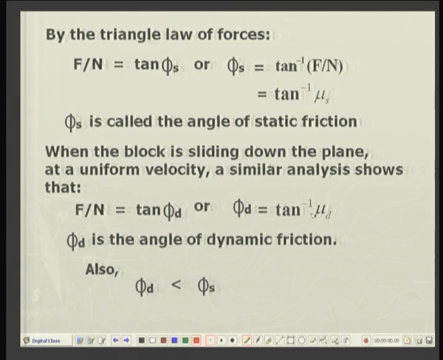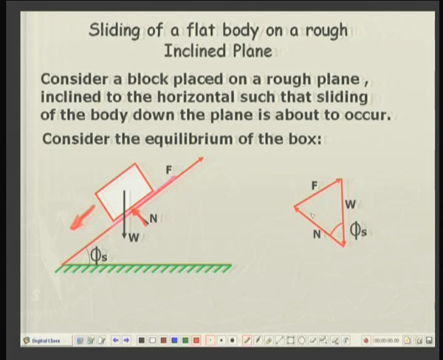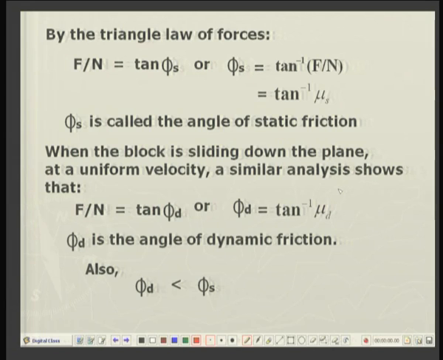Well, we can see from the triangle law of forces, F divided by N is equal to tangent phi s. You can easily verify it because F and N are mutually perpendicular. So, this is 90 degrees. So, you can easily see that F divided by N is the tangent of the angle phi s, or phi s is tan inverse of F divided by N, and by the third law of Coulomb friction, F divided by N is the coefficient of friction mu s.